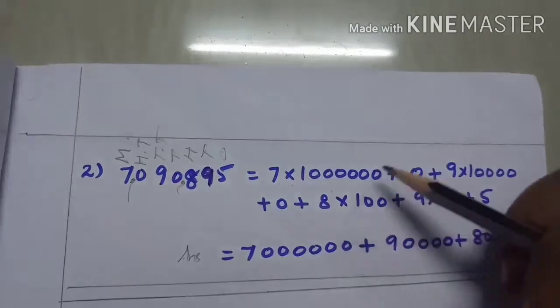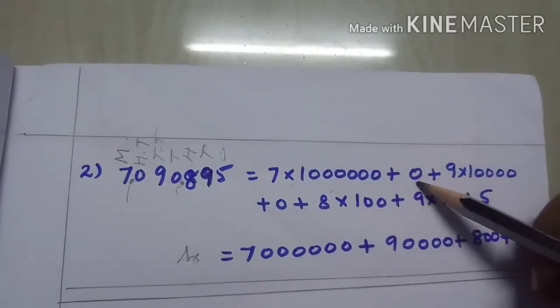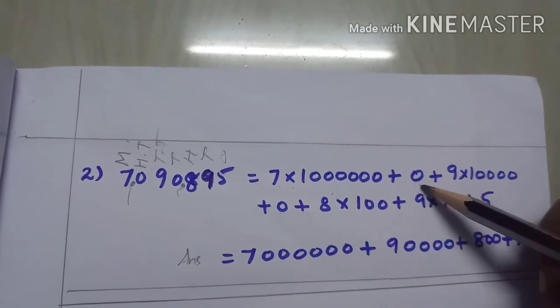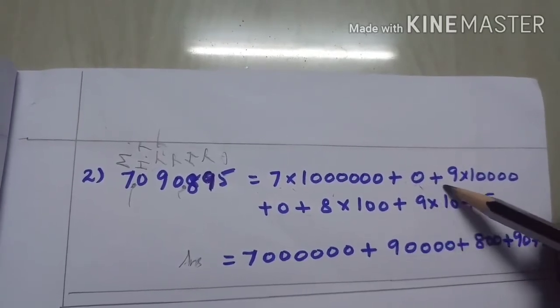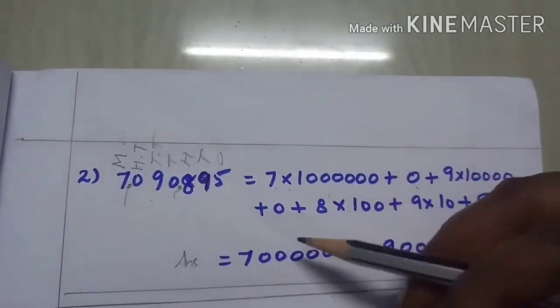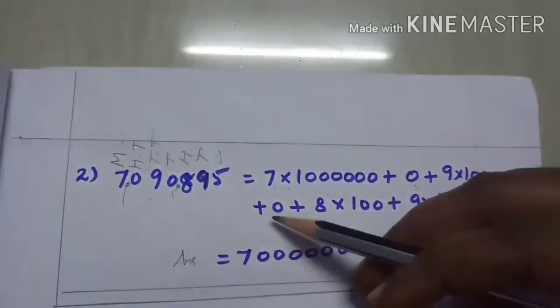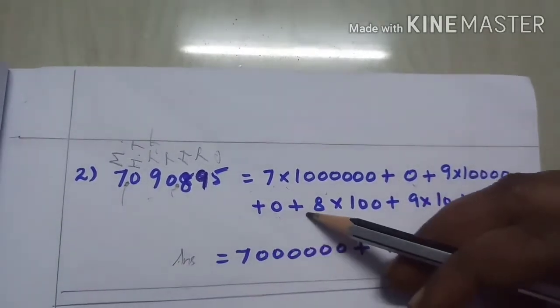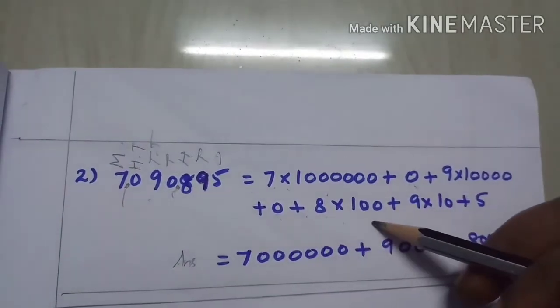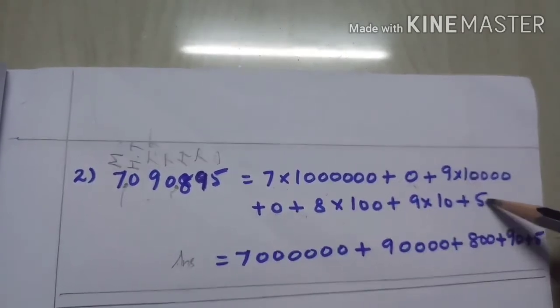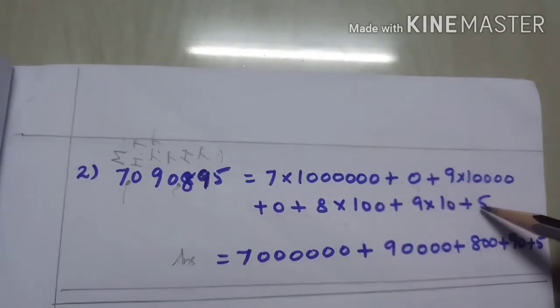We are having 0, so put 0. 0 multiplied by any number will be 0. So we can put just 0 plus 9 into 10,000, and the thousands place 0, so 0 into any number is 0, plus 8 into 100 plus 9 into 10 plus 5 into 1, or you can put 5.